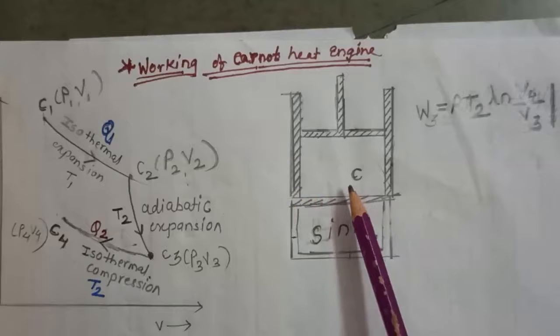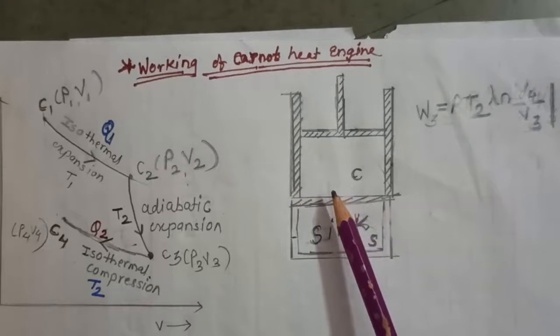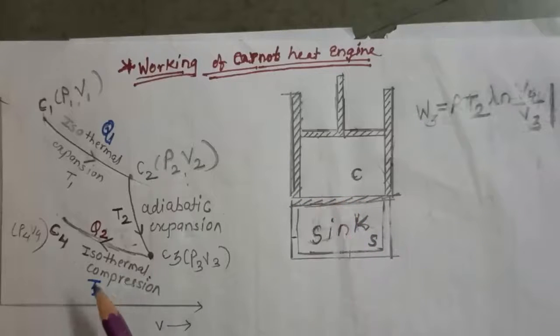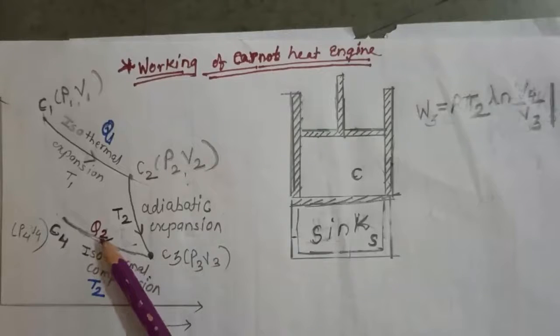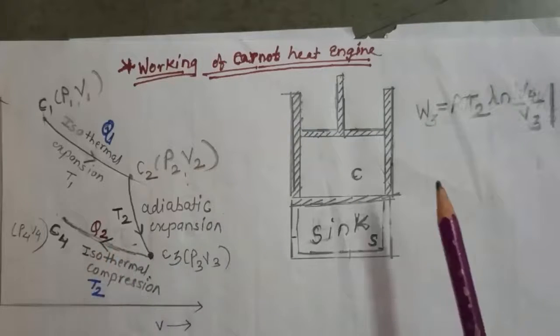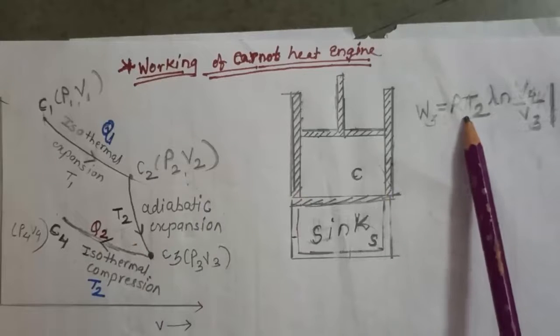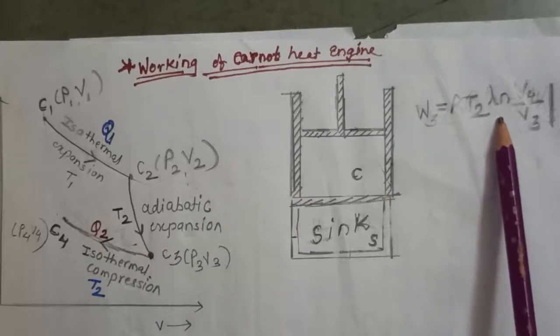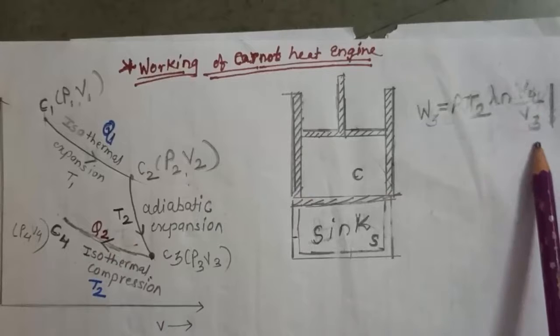Due to the compression, the amount of heat produced is Q2. The change is isothermal, temperature is constant, that is T2, amount of heat produced Q2. Work done W3 is equal to RT2 log of V4 upon V3.